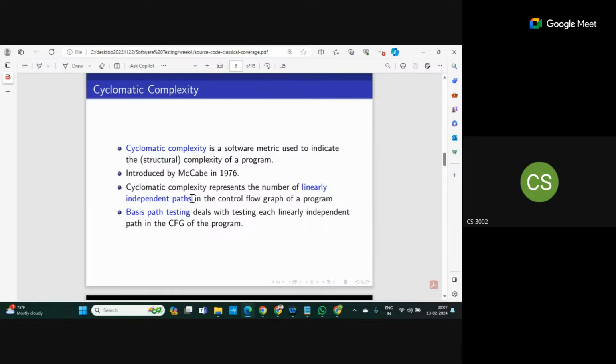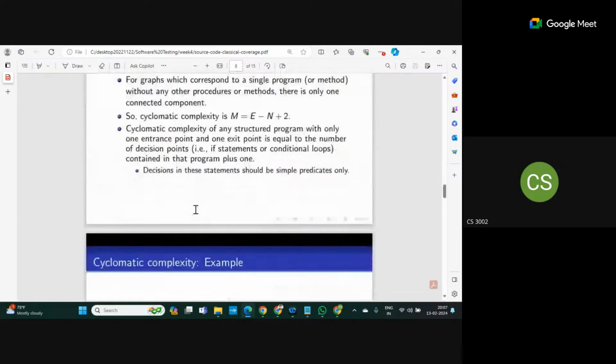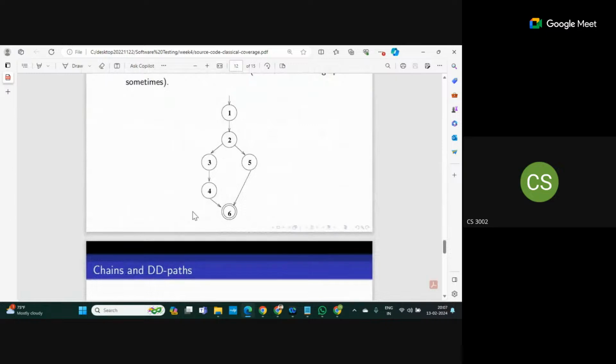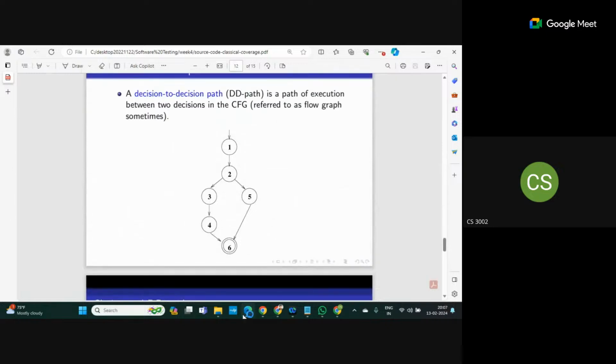If I want to do that, I'll take a sample. Let me see if there is any graph here. Yeah, so this is a simple graph, right? So what is the cyclomatic complexity of this? It could be defined in two ways.